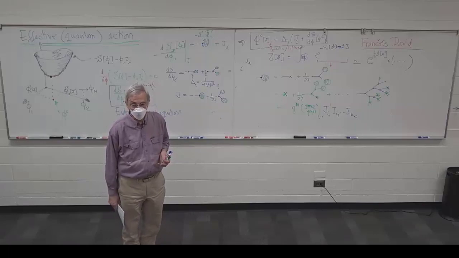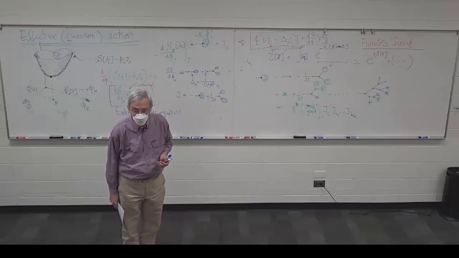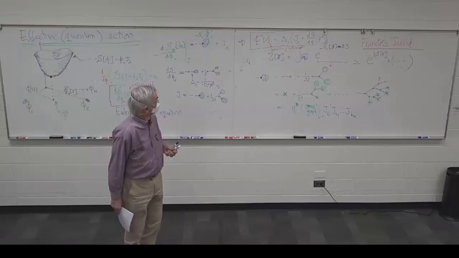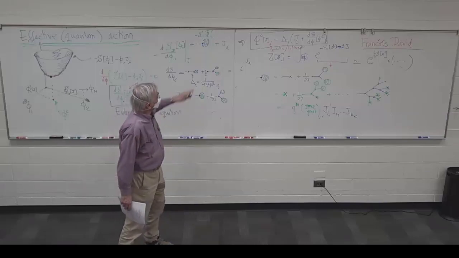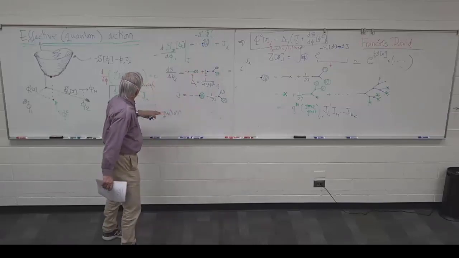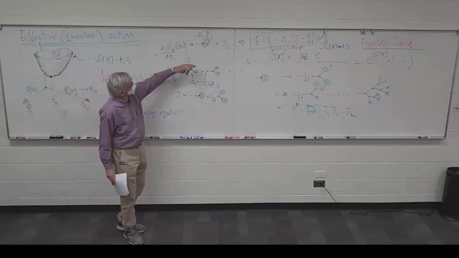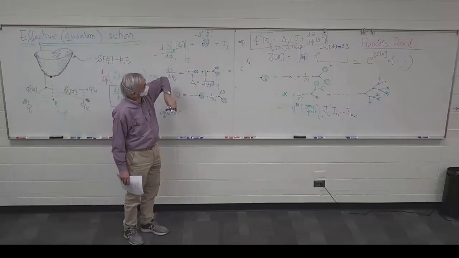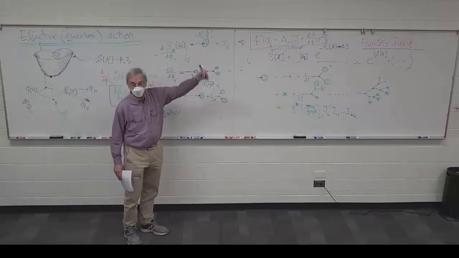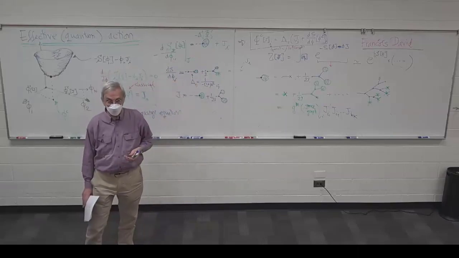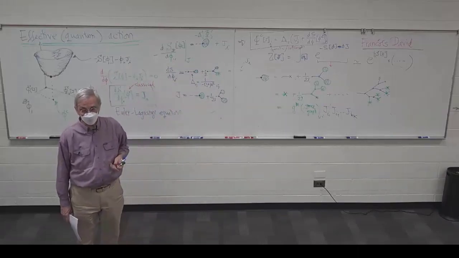The quantum only comes in when you add loops to the diagram? Yeah, well, here I have a classical thing, and when I actually add loops, I'll dress up this classical thing, and that'll be called the effective action. So this is a backbone.